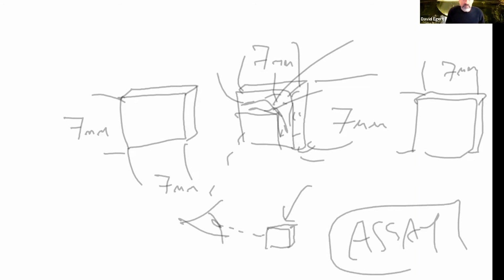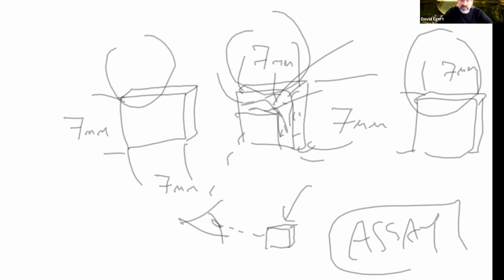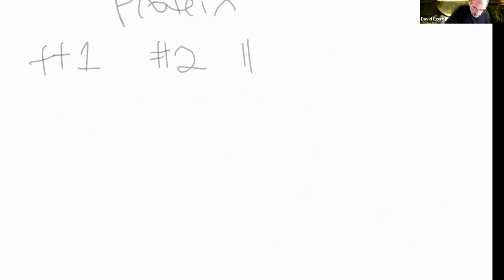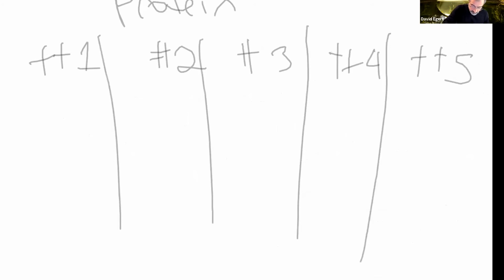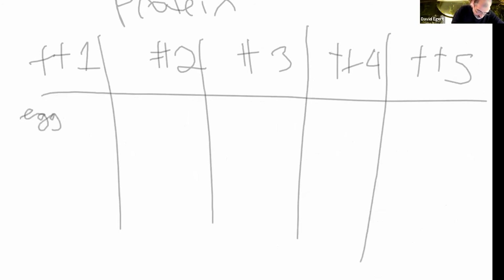We know they all started exactly the same size, so we can tell if it's breaking down because it'll be smaller than that. And on this one, we have 5 test tubes. Yeah, they all have egg white.